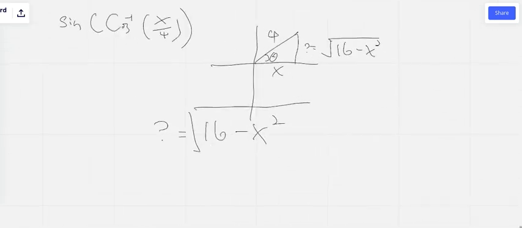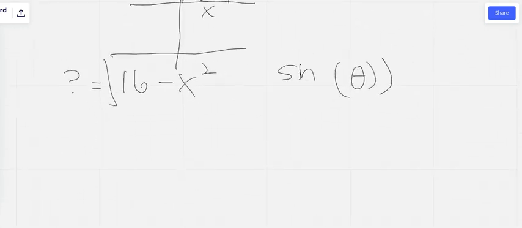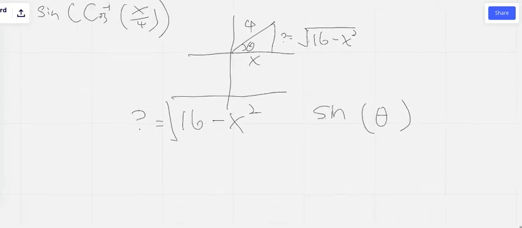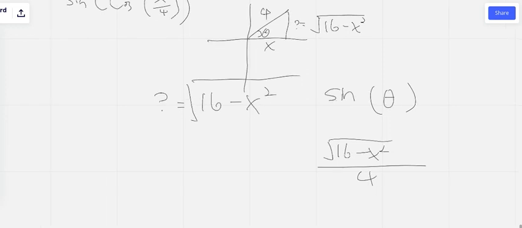Now you would do sine of theta, we all know that is SOH, opposite over hypotenuse, which is root 16 minus x squared over hypotenuse, which is 4, and we get the answer.